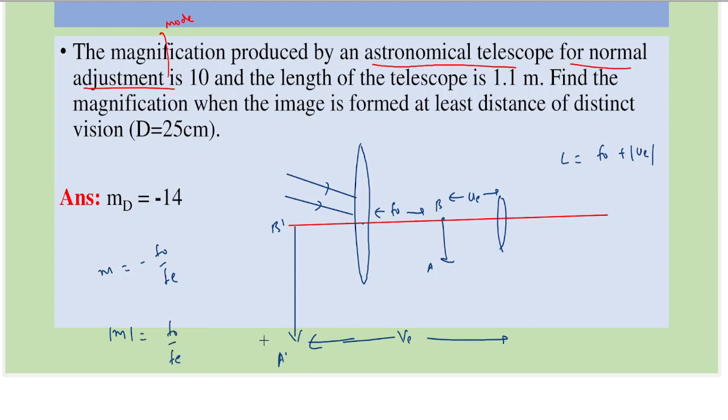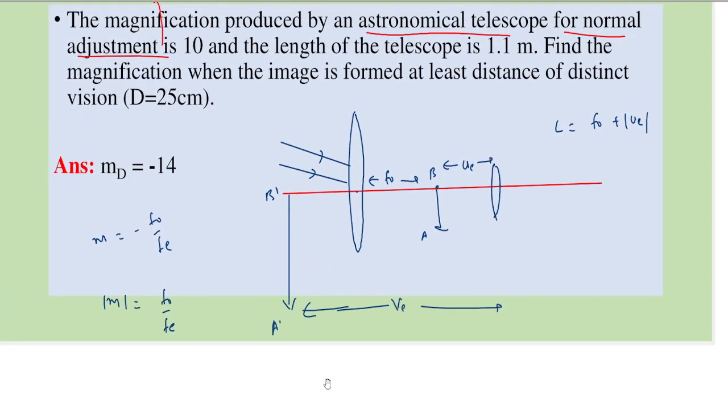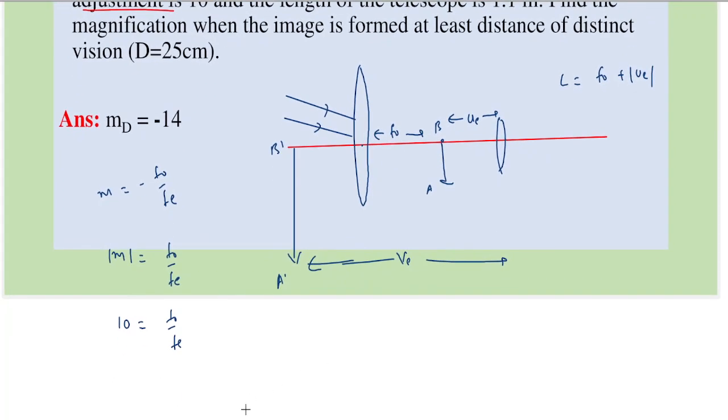It's all been covered in the theory lecture, you can go back and look at it. Now the question says the magnification is 10. So 10 is equal to f naught by Fe. Therefore f naught is 10 times Fe.